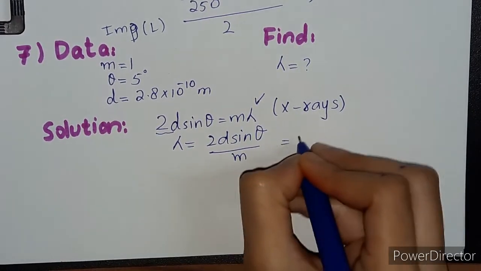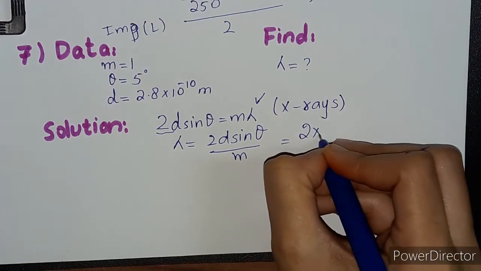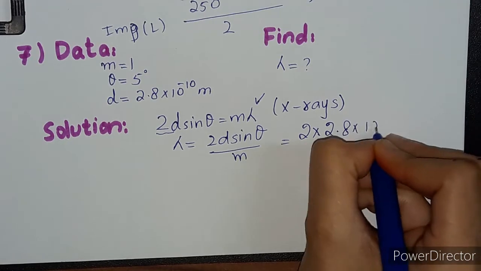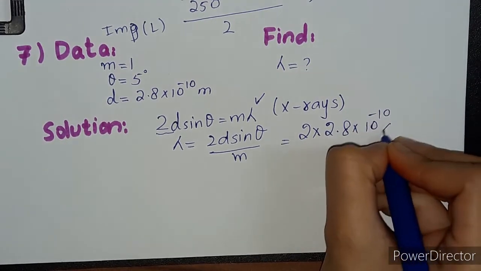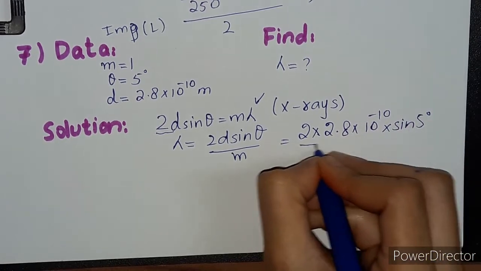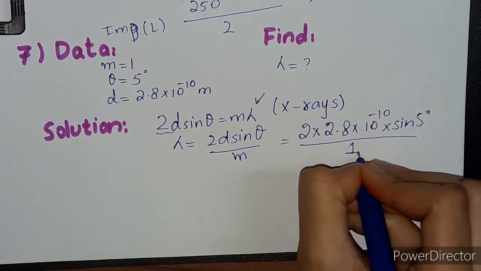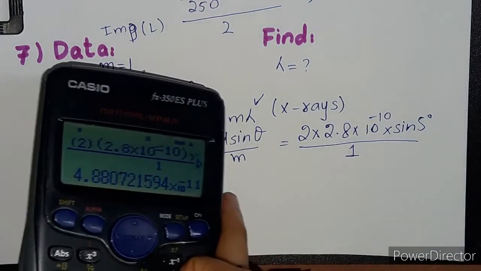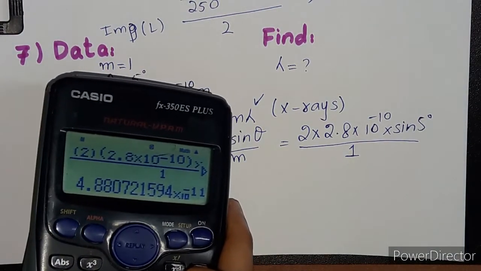Now putting the values, 2 multiplied by the d value, 2.8 times 10 to the power minus 10, into sine 5 degrees, divided by m, which is first order. Now solving it, we will get the value of lambda, 4.88 times 10 to the power minus 11.